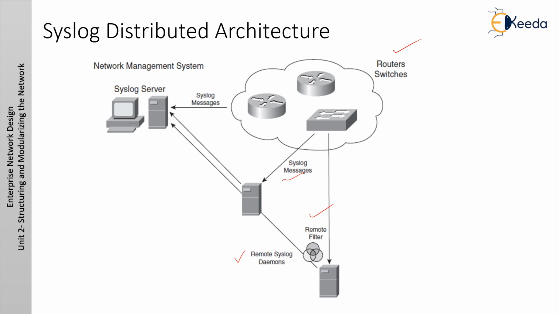Therefore, it is important to enable logging only for network facilities of particular interest and to set the appropriate severity levels to provide sufficient but not excessive detail. If the collected data will not be analyzed, do not collect it. This is very important in syslog. Selectively filter and aggregate syslog data that distributed or centralized syslog servers receive based on the requirement.